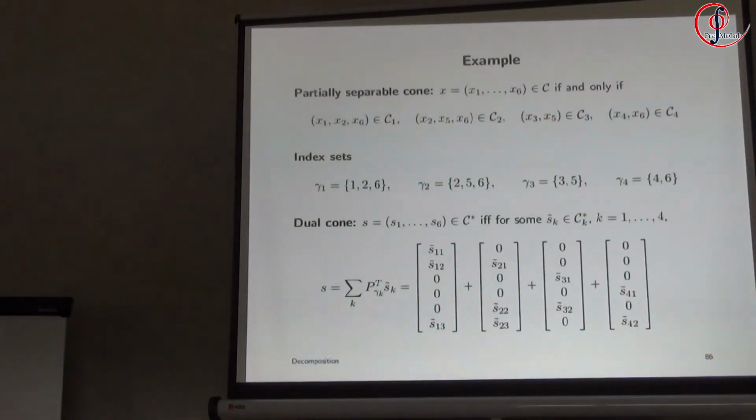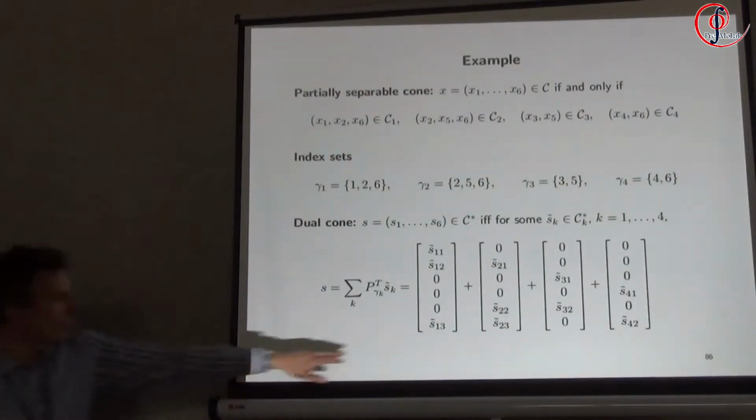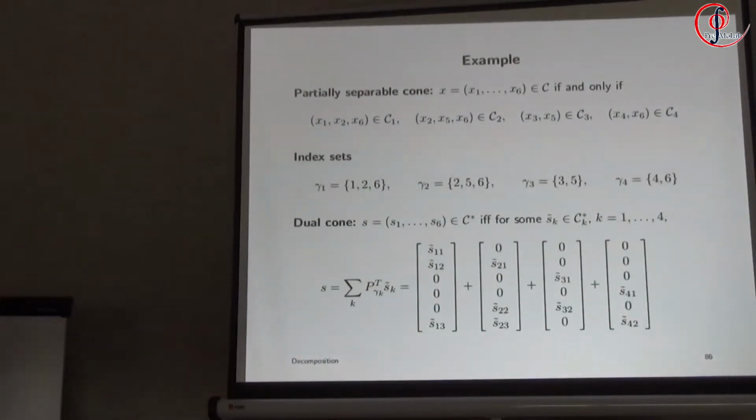The dual cone can be defined like this, in terms of the dual cones of these smaller cones. To construct a general vector in the dual cone of C, we take vectors in each of the dual cones of the cones CK, and then we copy them to vectors of dimension 6 in those positions, 1, 2, 6 for the first one, 2, 5, 6, and so on, and then add them.